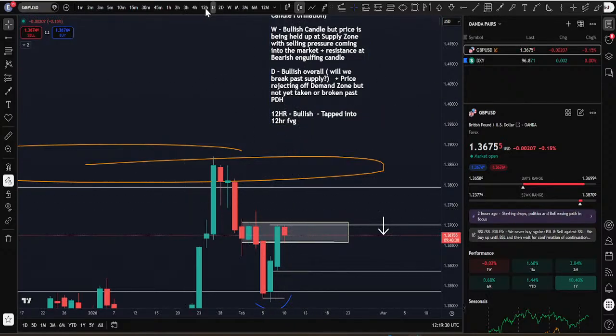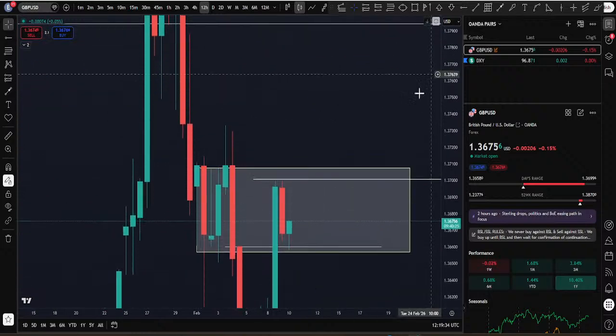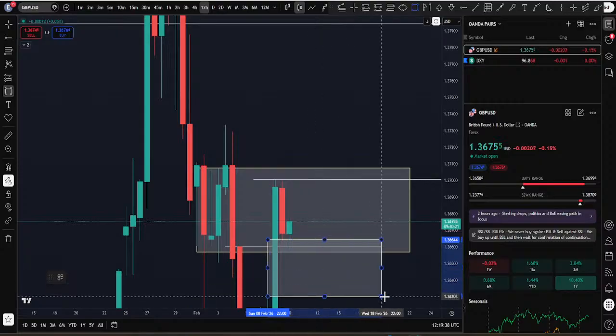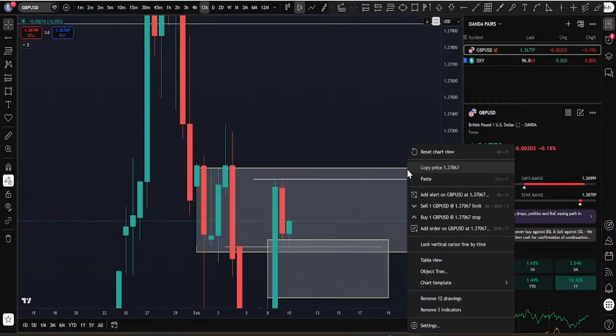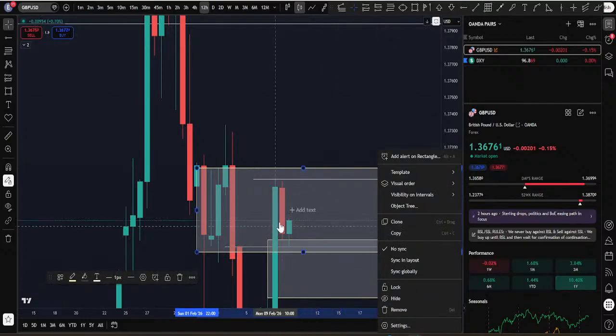But then this 12-hour is also massive. Why? Because this 12-hour shows me that price is still finding support to go higher right there. Woo, love that. I absolutely love it. So yes, we are in supply.